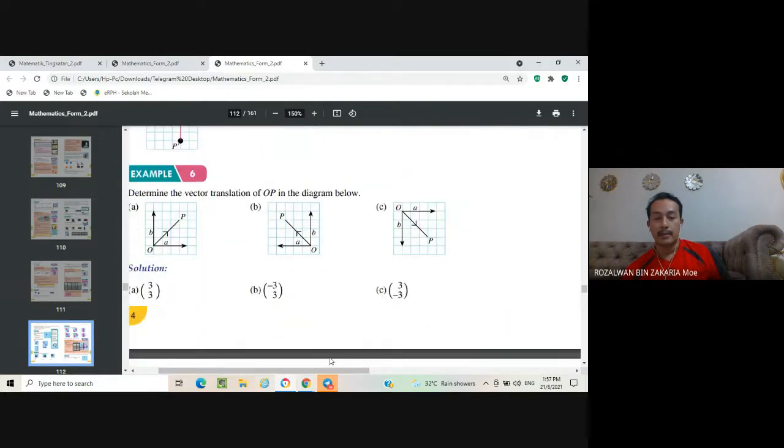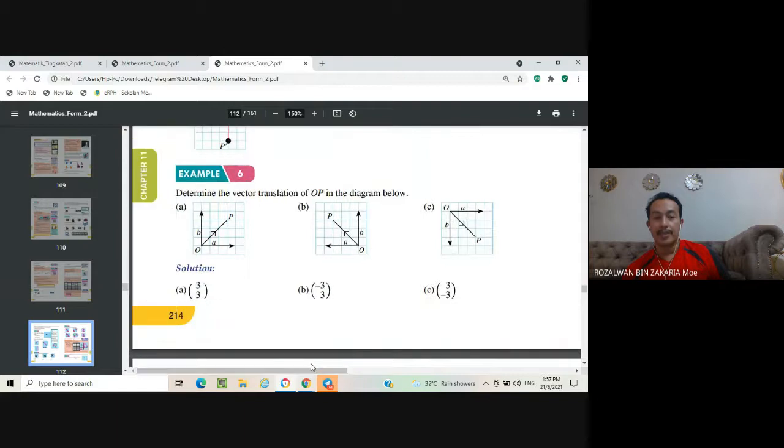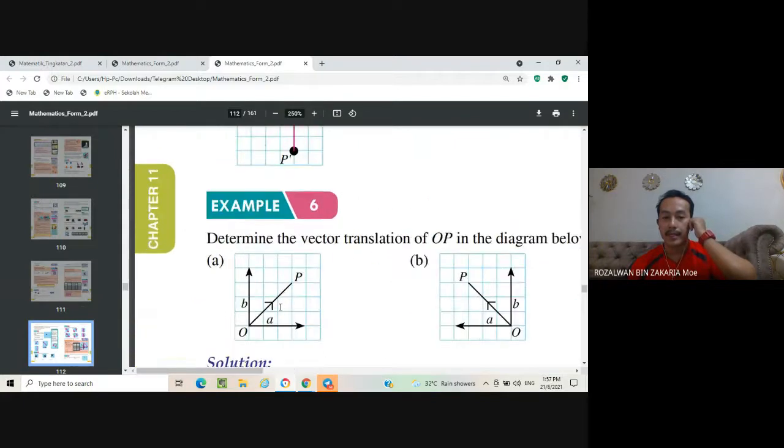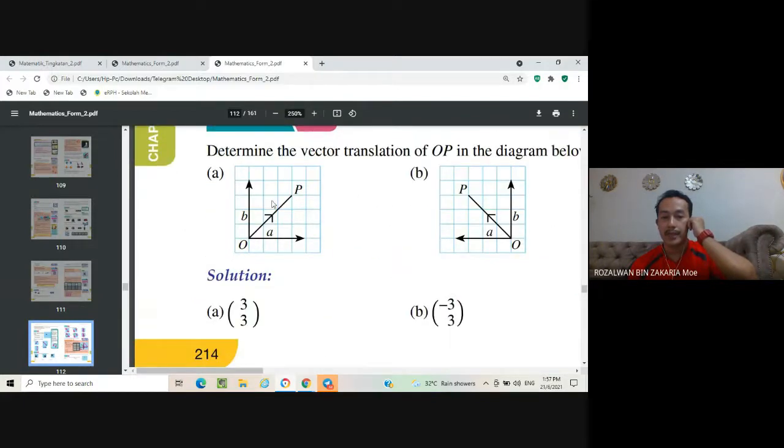All right. Okay, now look at example 6 here. Determine the vector translation of OP in the diagram below. So how to answer this one? Look at the first diagram. We start at the center of this graph, starting from O to the P here, because the vector translation of OP is from O to P. So you have to find the vector translation.